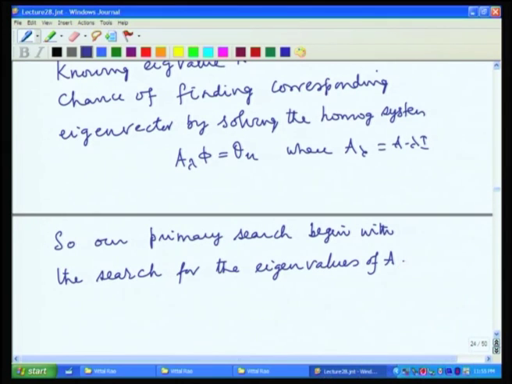I know that the eigenvalues must be real numbers. So, I must be looking for the eigenvalues among the real numbers, but there are an infinite number of real numbers. Where do I go and search for them?